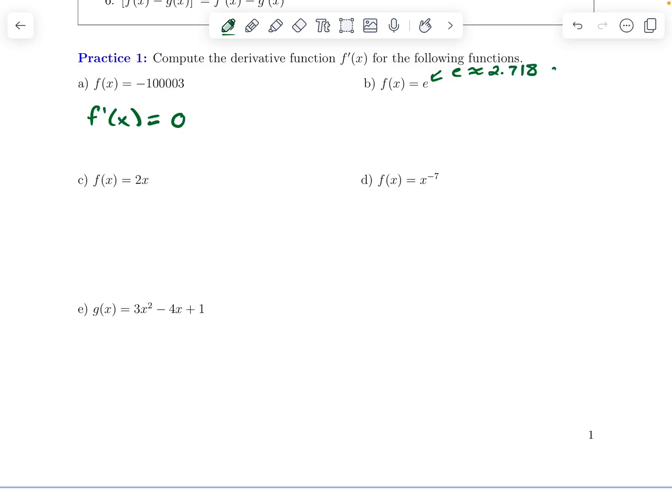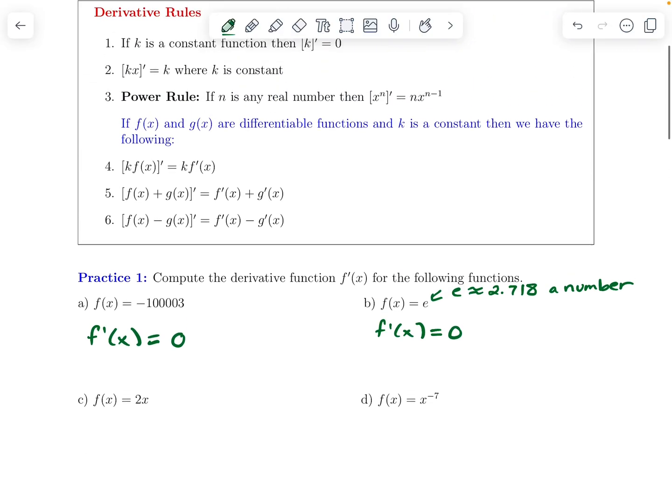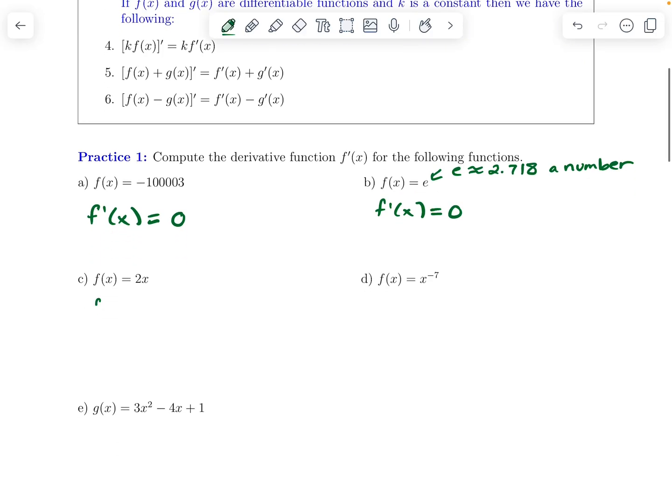So it's a number. Okay, so that means that the derivative of e is just 0. Okay, and then if we have a constant times a function, or I should say a constant times the variable, the derivative of that would just be the constant. So the derivative of this is just 2.